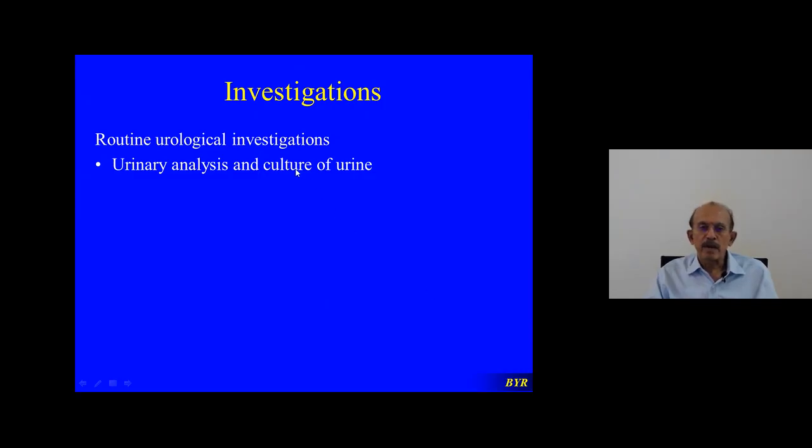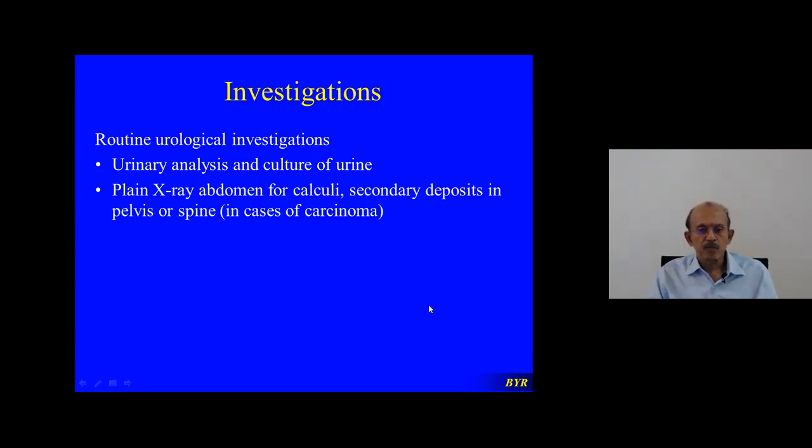So you have to examine the urine for microscopic examination as well as for culture test. Plain X-ray abdomen for evidence of any calculi, secondary deposits in the pelvis or spine. Secondary deposits will be there in the pelvis or spine in case of carcinoma of the prostate.